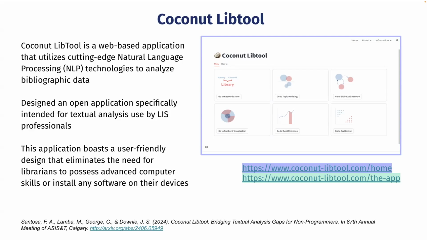This is an open application developed mainly to help LIS professionals or other humanities or social science researchers who want to perform textual analysis on bibliographic data but don't know how to program. So this is a great web interface for you to do keyword stemming, topic modeling, and bibliometric network analysis, and it uses Python at the backend.